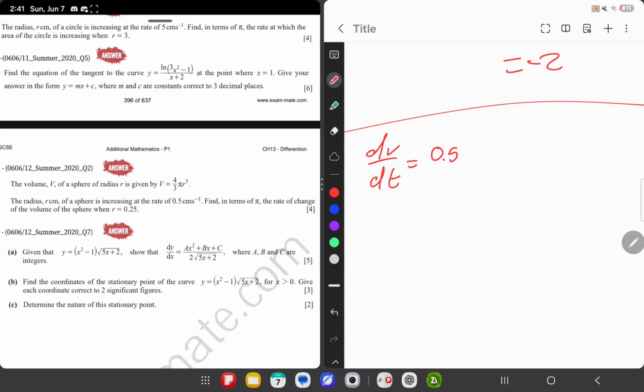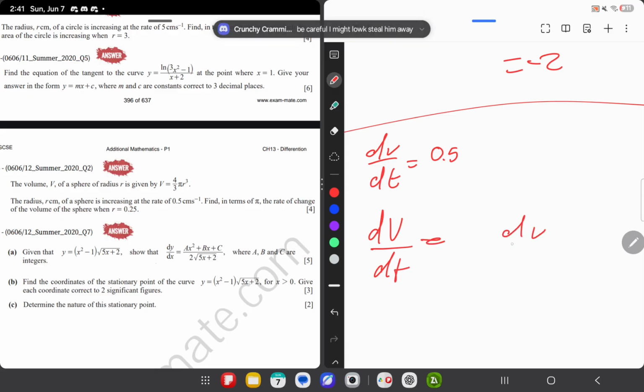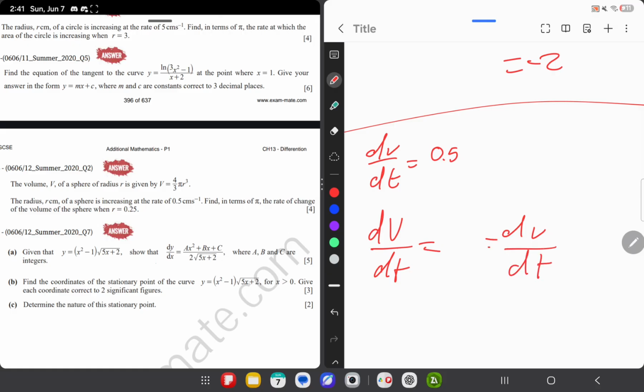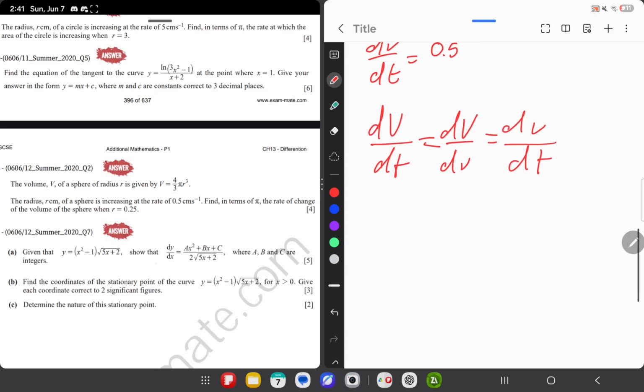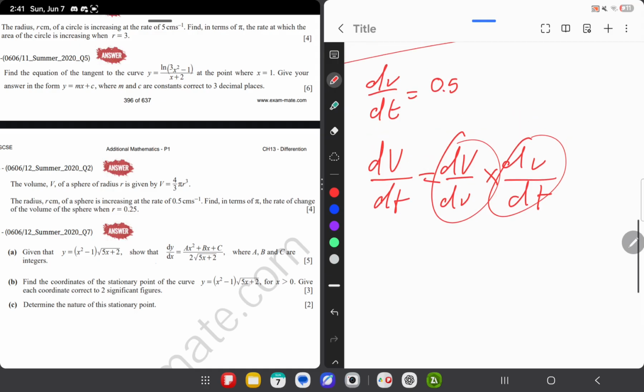What do we need to find? We need to find the rate of change of the volume with respect to time. What do we have? We have the rate of change of the radius with respect to time. What do we need? The rate of change of volume with respect to the radius for now. So what do we need? This value. This is a number on its own. So this is 0.5. This is not a number.